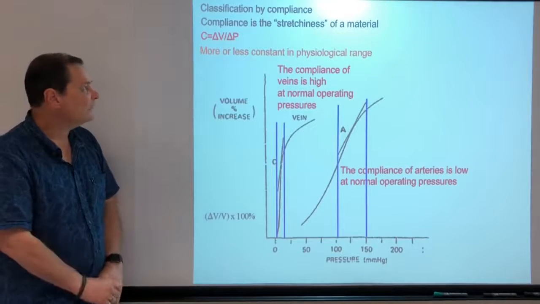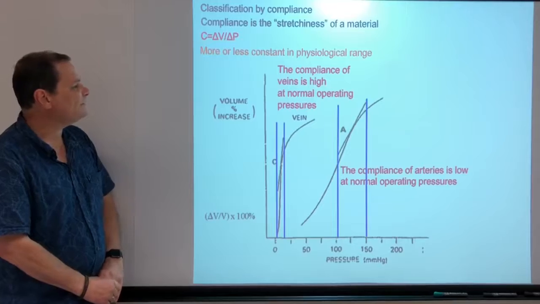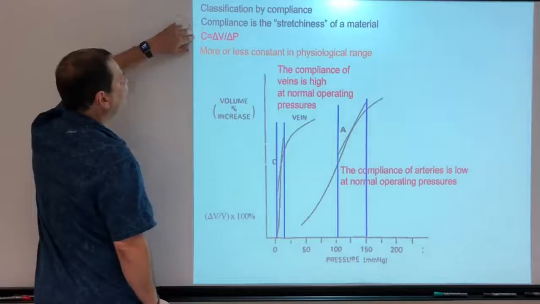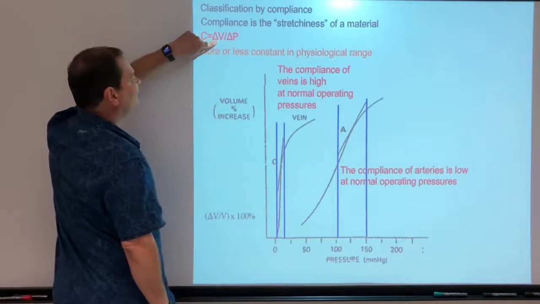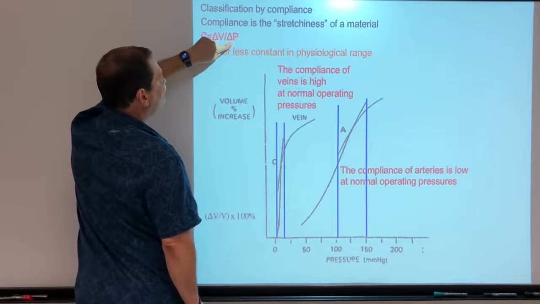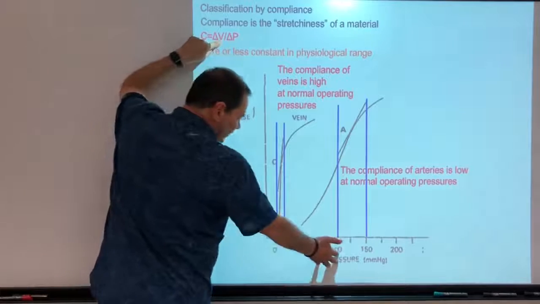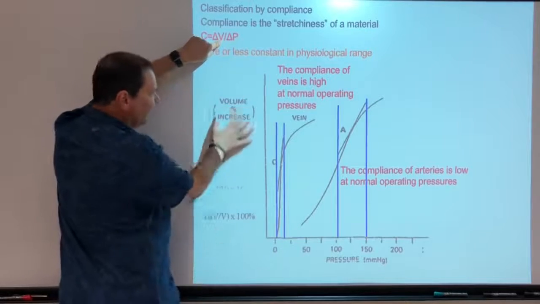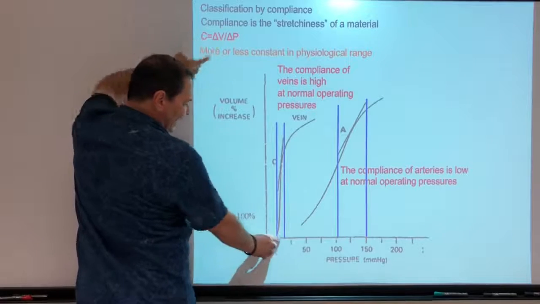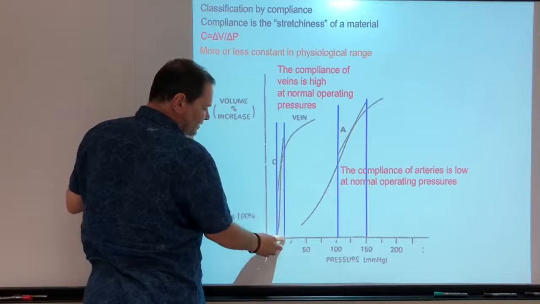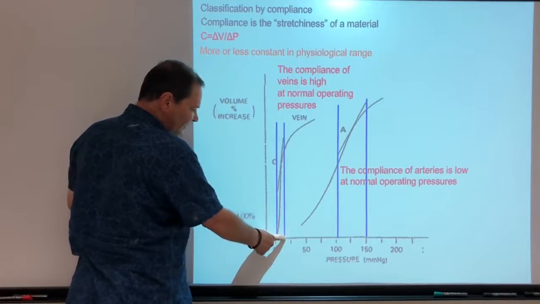All right. So we can classify our vessels by compliance. Compliance is the change in volume in any particular structure divided by the change in pressure that it took to change the volume. So here I have pressure on the x-axis and volume on the y-axis, and notice in my veins, the volume goes up as the pressure in the vein goes up.